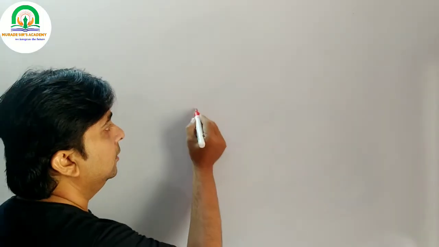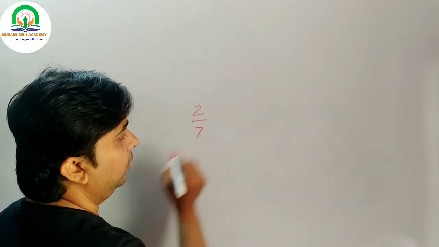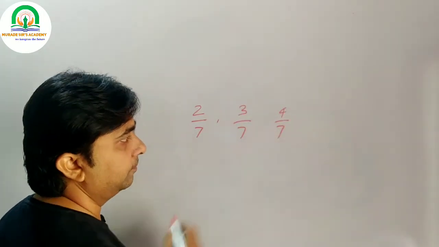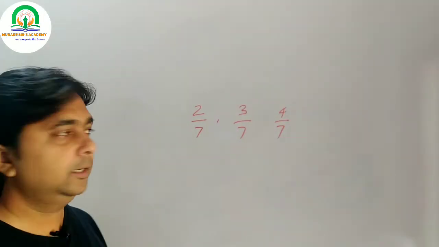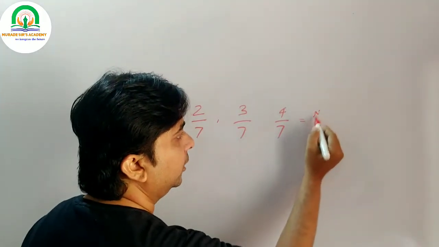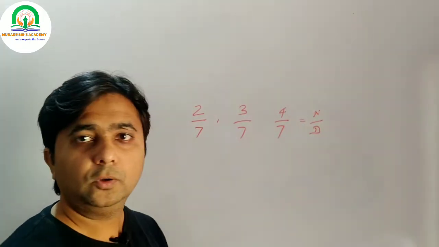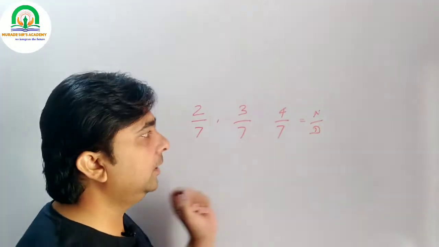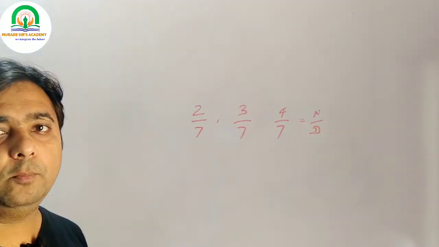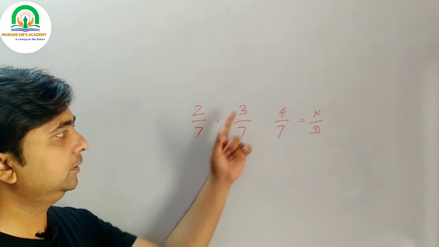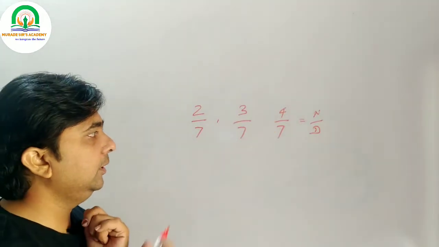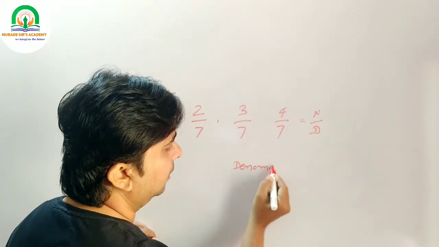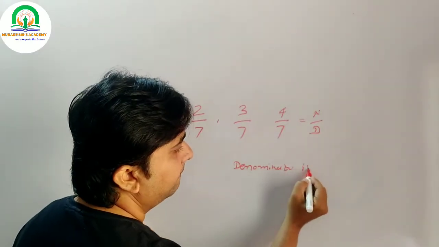Okay, there are some fractions: 2 upon 7, 3 upon 7, 4 upon 7. What we observe is the numerator and the denominator. These are fractions, but one thing is common among 2 upon 7, 3 upon 7 and 4 upon 7: the denominator is the same.